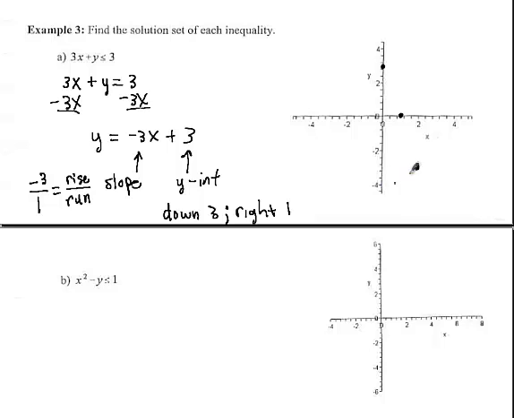What kind of inequality symbol did we start with? That is going to determine what type of line I sketch here. Is it dashed or is it solid? With the equal to part, that tells us that we use a solid line.